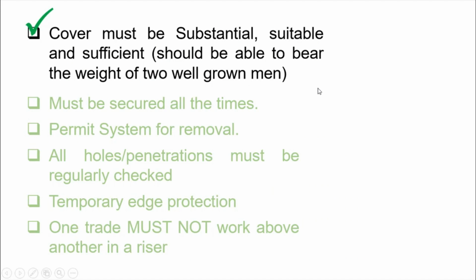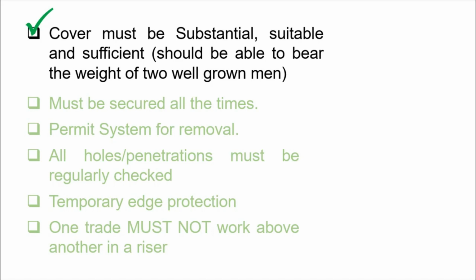So for a big opening, we need to make sure that the cover can support 2 well-grown men, because sometimes people don't understand. Even if you have signage and edge protection, they will step onto the opening with a cover, because they think the cover can sustain their weight.